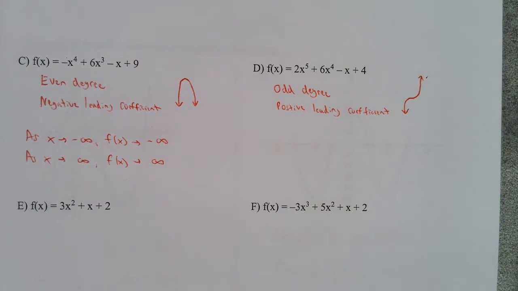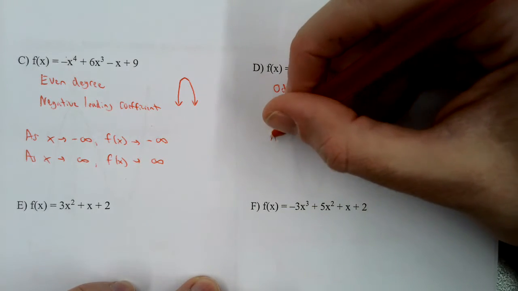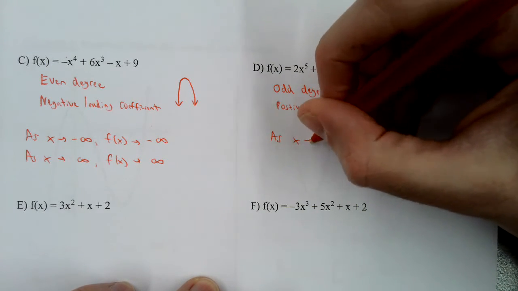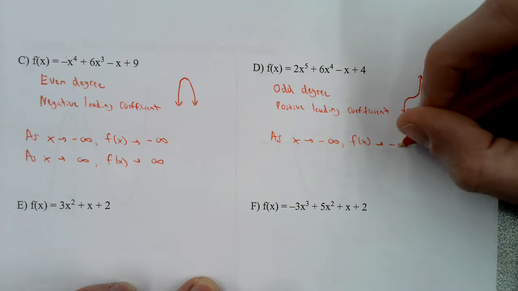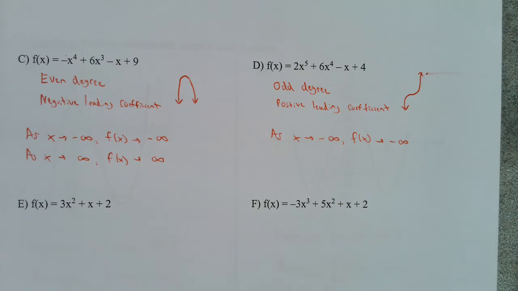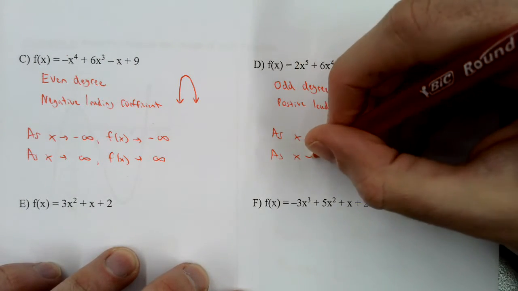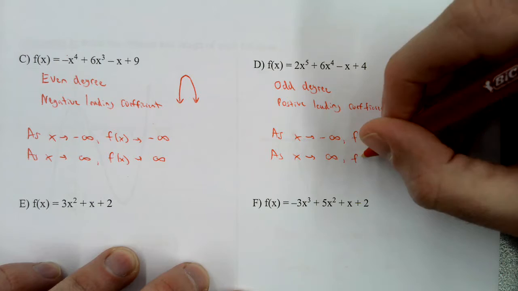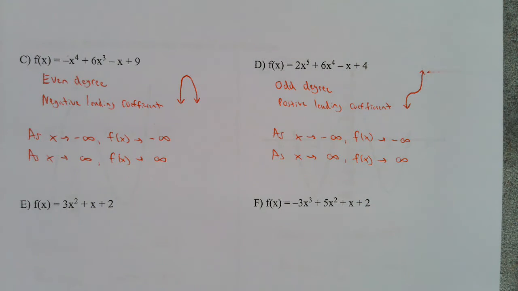Okay? So as x approaches negative infinity, f of x approaches negative infinity. As x approaches positive infinity, f of x approaches positive infinity. Okay, that end behavior is true for any odd degree with a positive leading coefficient.